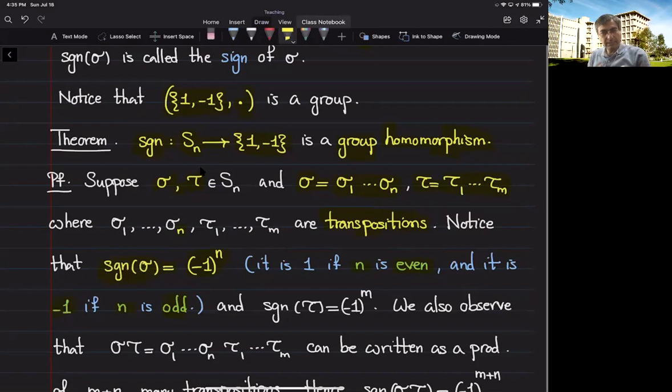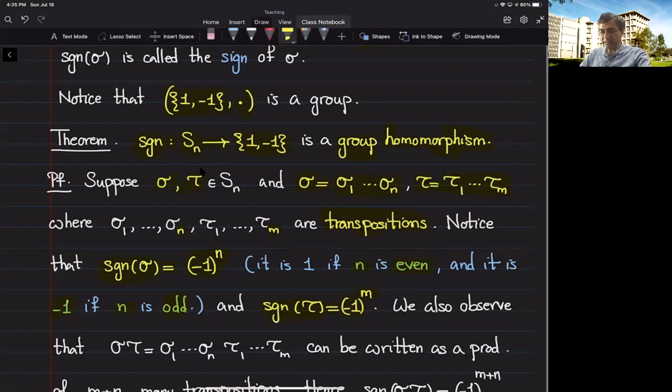So this is a nice way of writing sign of sigma. It's -1 raised to the power of the number of transpositions that was needed to write down sigma. So similarly, we have that sign of tau is -1 raised to the power of the number of transpositions needed to write down tau.